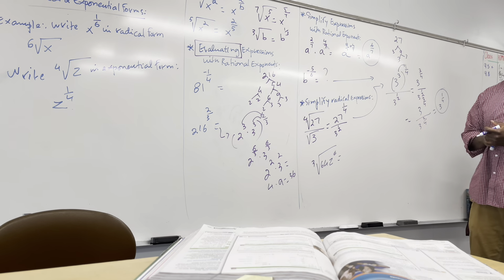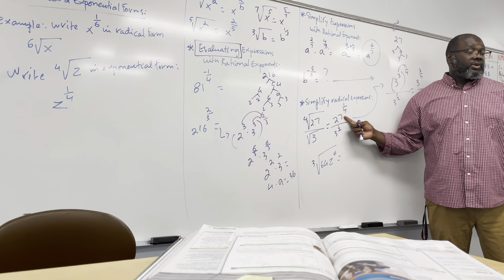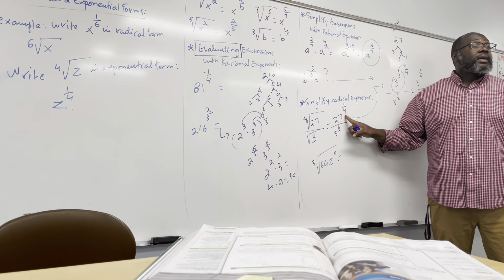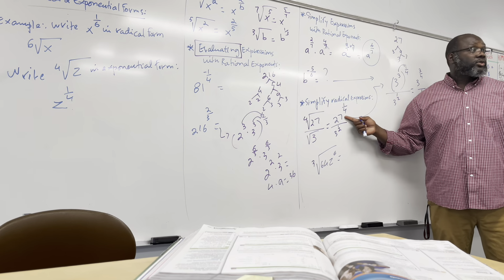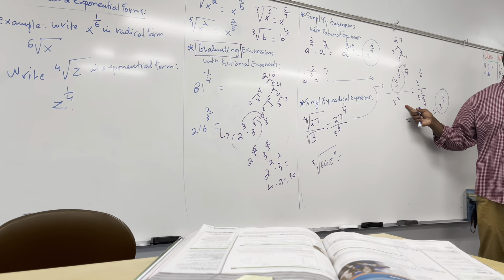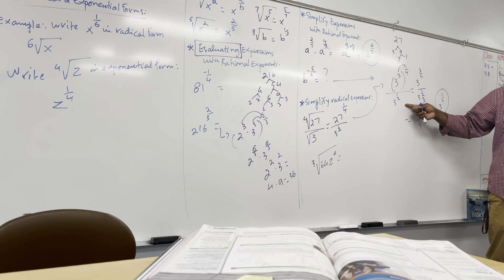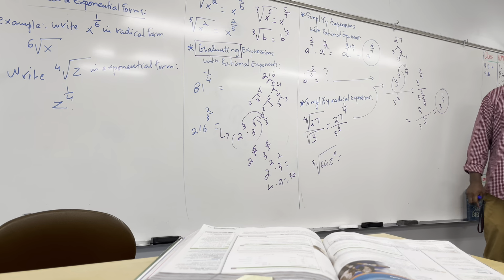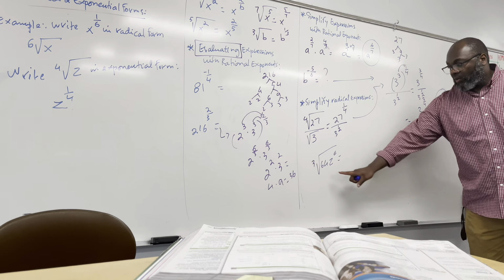You have to be able to understand that you need to turn this into a rational exponential form. And then second, you need to recognize that you need to break down the 27 into its prime numbers. And then, once you divide, we've learned the division rule of exponent by subtracting them. Okay? And make sure you never get a negative exponent, because technically they say that this is not how you write things.